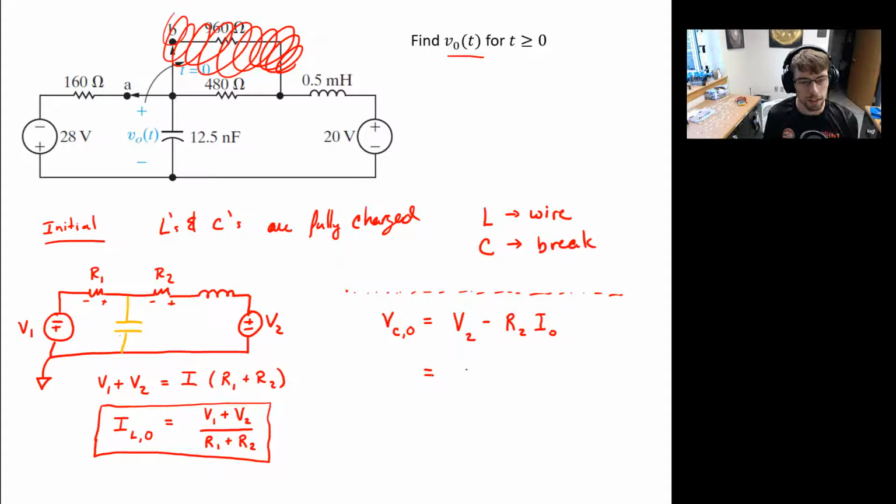So what we get at the end of the day, if I get a common denominator, we have V2 over R1 plus R2 minus R2 times V1 plus V2, all divided by R1 plus R2. So there we go.